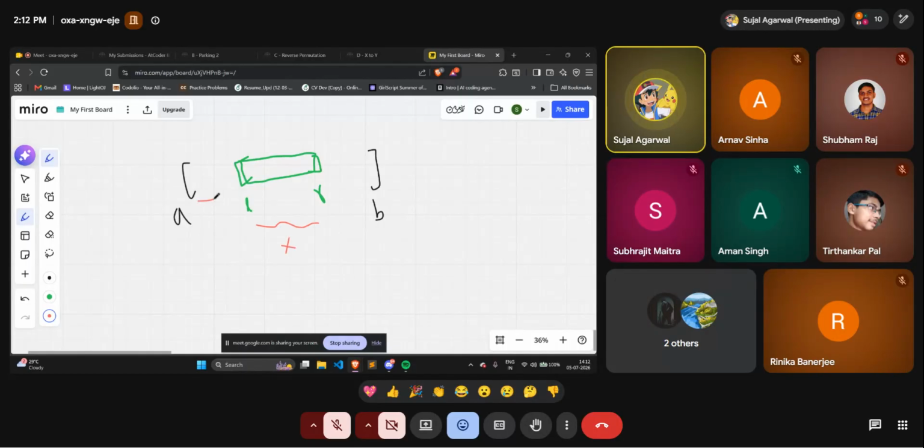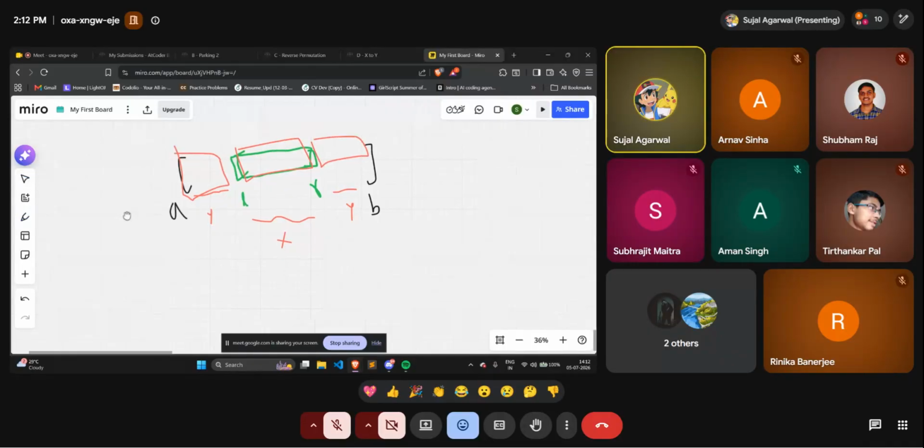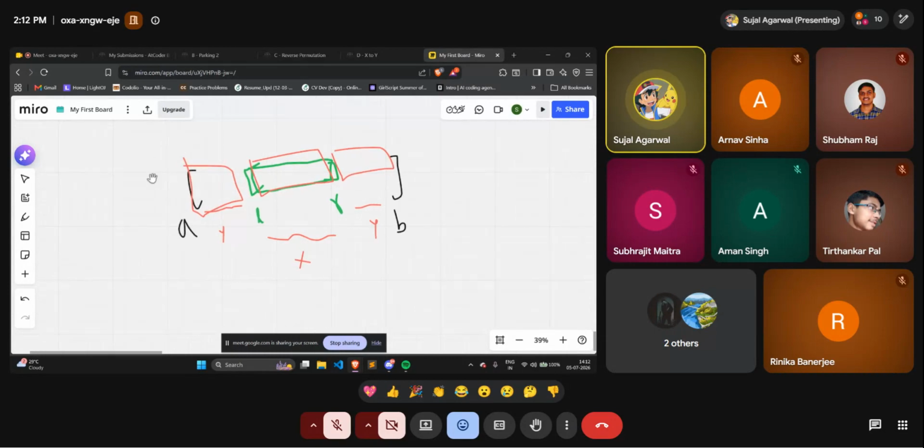And for these extra hours, like from A to L and R to B, it is charging us Y coins. So we just need to add these extra contributions. So this is what the code must be, right? Nothing fancy in itself. So let us move on to the next problem.